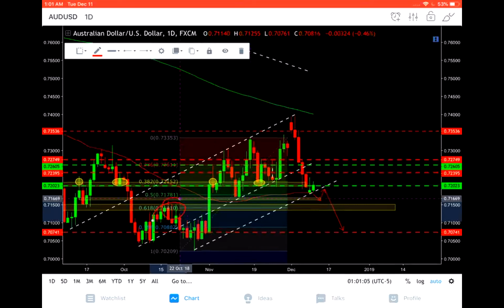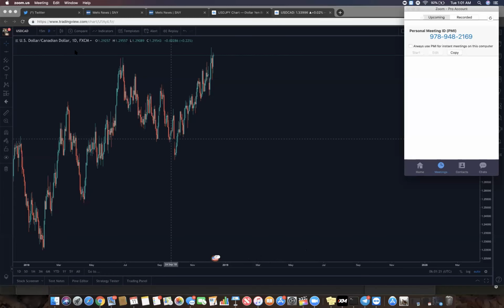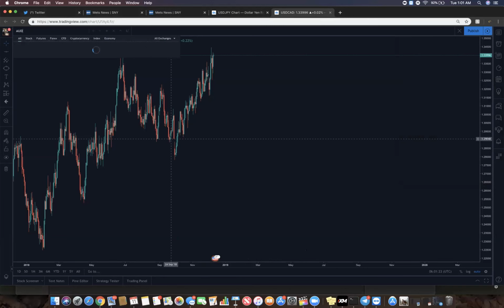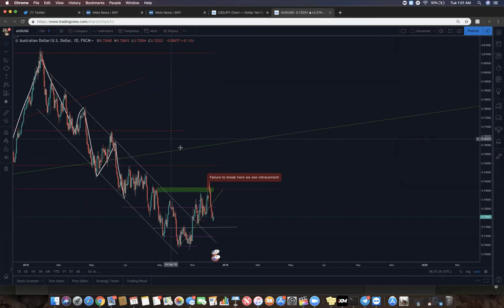What else? What's a sign of reversal here? You see how the market on a bullish push started forming a rising wedge? Right? I'm going to take over real quick so I can show them what I mean. Sure, no problem. So AUD/USD.